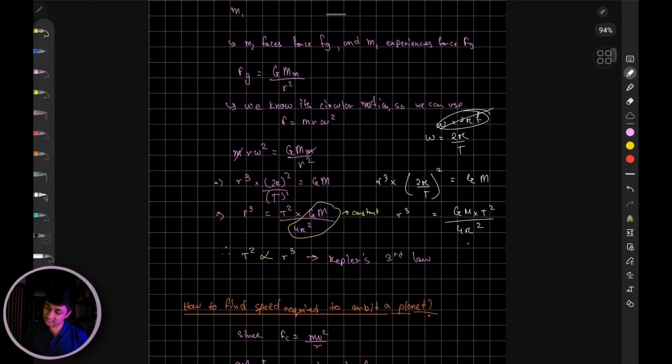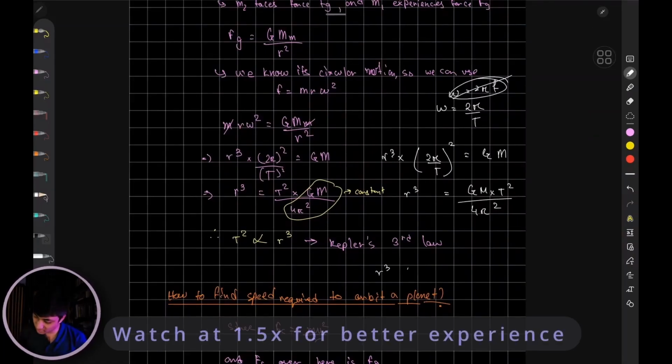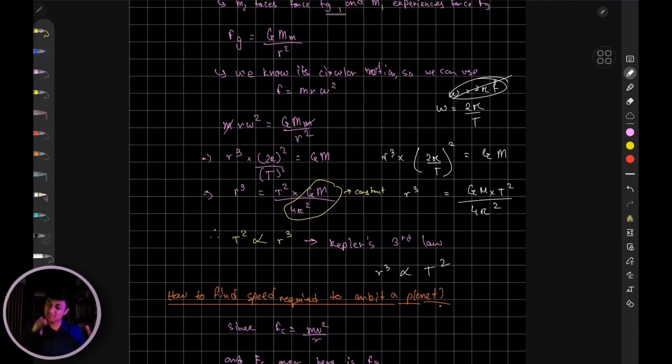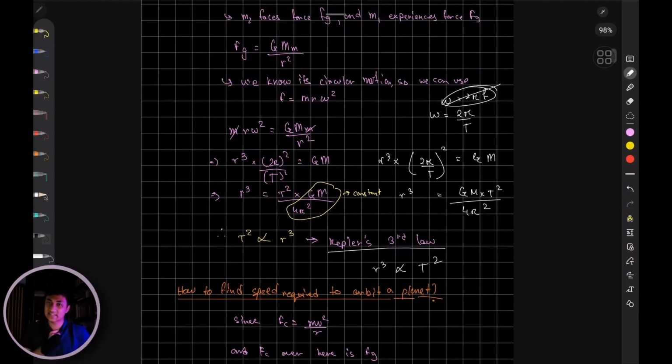Now what this gives us is an interesting proportionality. That is, r cubed is proportional to T squared. What this means is the cube of their separation is proportional to the square of their time period. So this is actually Kepler's third law, but you don't need to understand Kepler's first and second law. Only Kepler's third law is going to be useful to you in this syllabus.